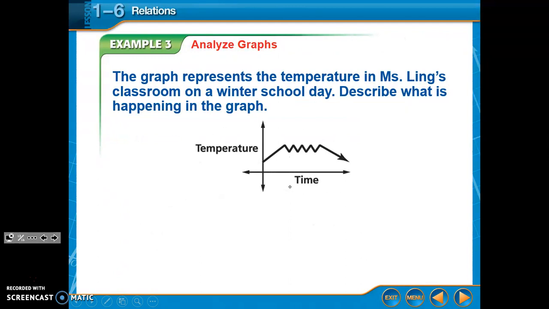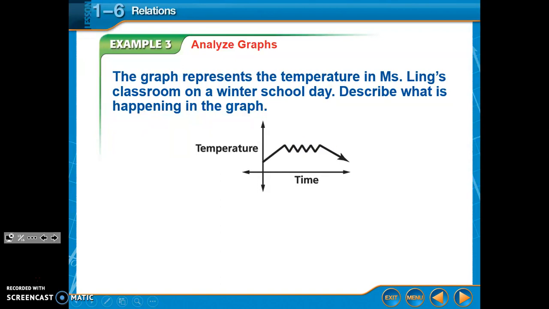Example 3. It says, the graph represents the temperature in Mrs. Ling's classroom on a winter school day. Describe what is happening in the graph. This is time, and as time passes, this is what's happening to the temperature in the room. It looks like it increases steadily, gets to about a certain point, and then it drops, goes up, drops, and goes up again.